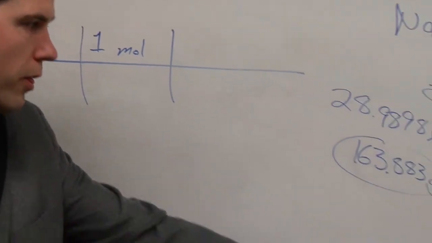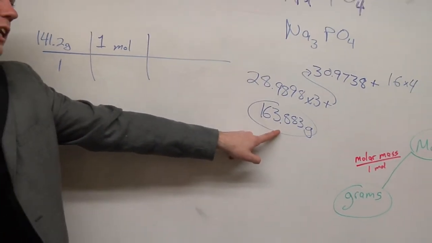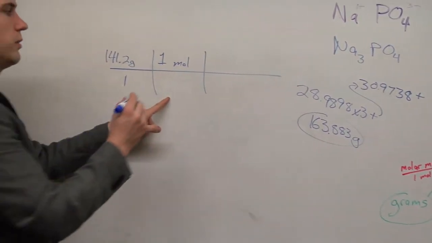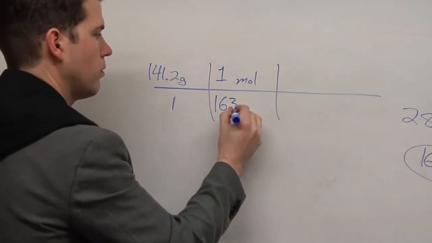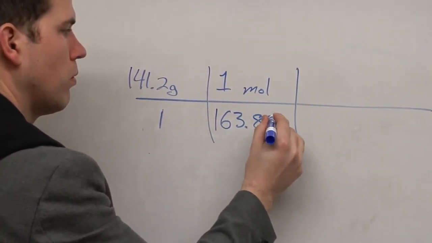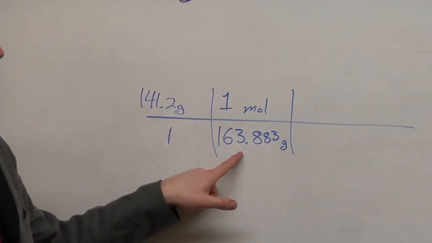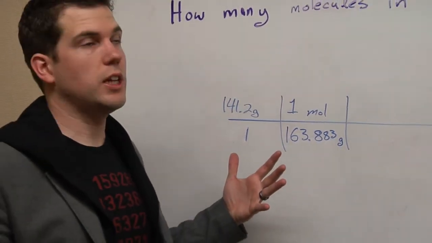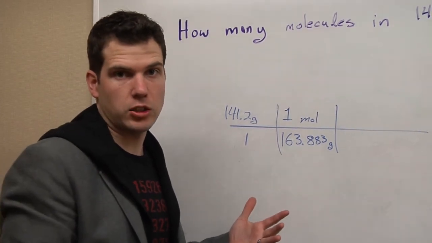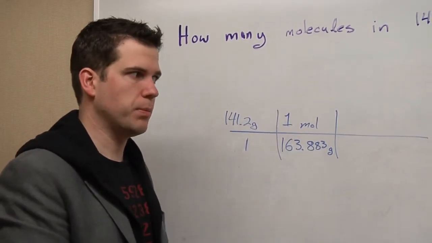So that number, 163.883, goes down here. And then we have arrived at the mole's office. Now that is not where the problem asked us to go, so we need to keep on moving.